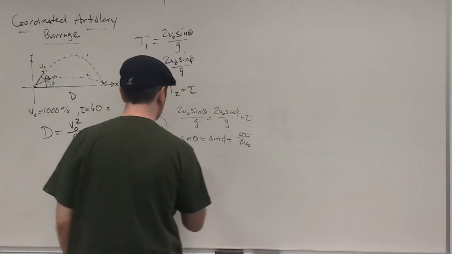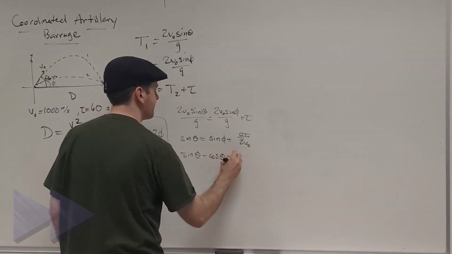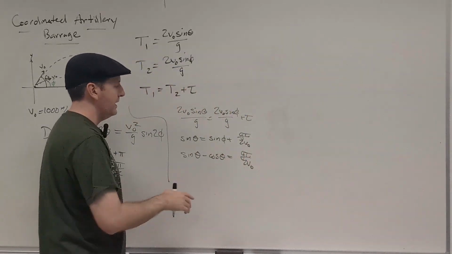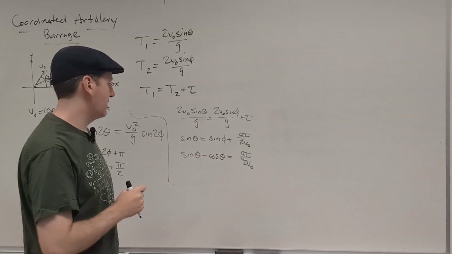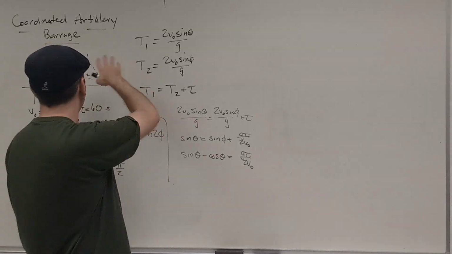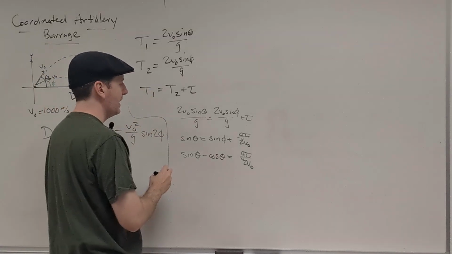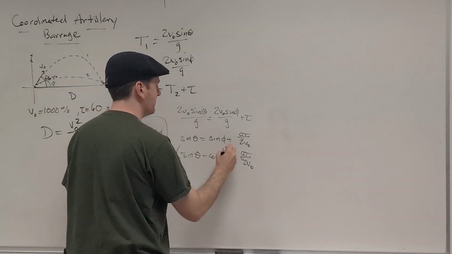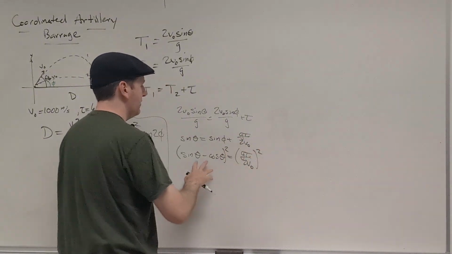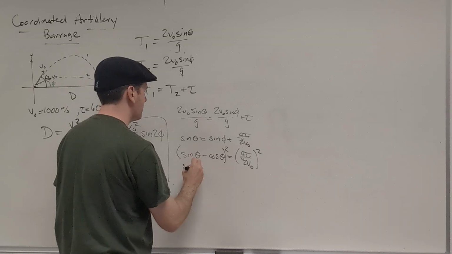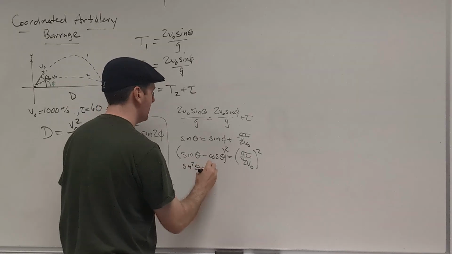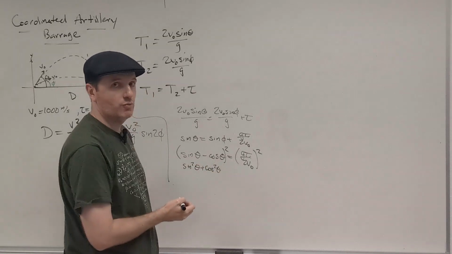I'll move that over. And now, to solve this for theta, or to use something that we could actually conveniently relate back to our d value here, I'm actually going to square both sides of this. And the reason why is when I square this out, I'll get a sine squared plus a cosine squared. That's going to be 1.